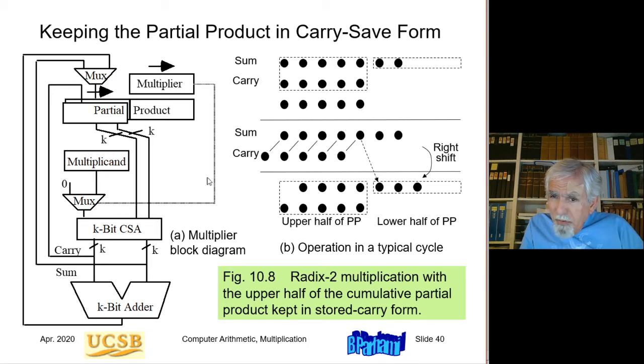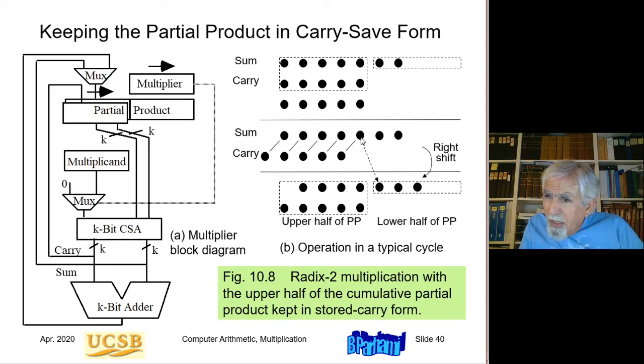And now, in preparation for the next cycle, I have to shift this partial product to the right. When I shift this to the right, this bit moves into the lower half, and all the other bits are shifted to the right by one bit. So this is the new carry save partial product.